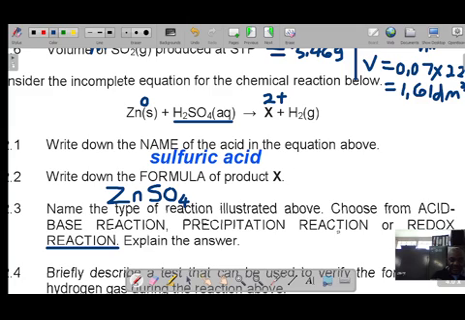Let me explain again. Why is it called redox?